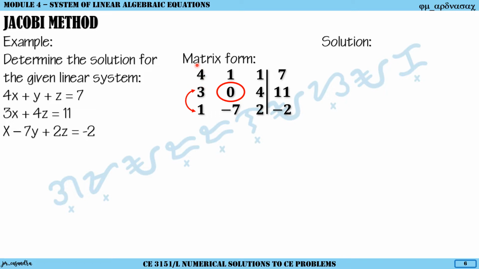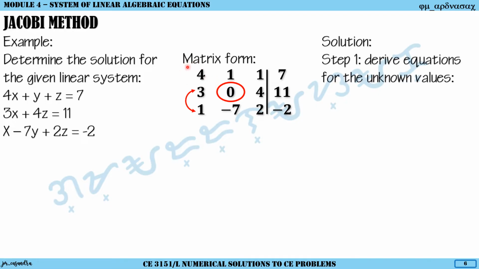We solve the first equation for the first variable, x. So x = (7 - y - z)/4. And then, for the second equation, since we swapped, this will now compute for y.